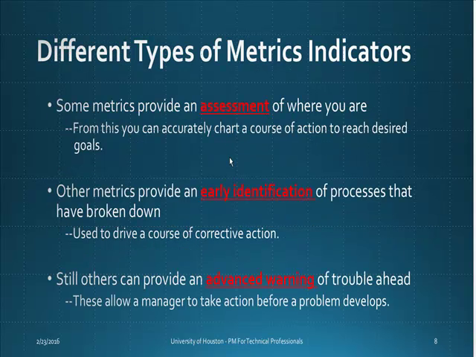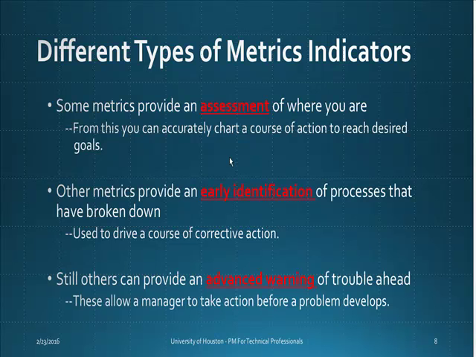Some metrics help you have a good understanding or assessment of where you are in the current state, some other metrics help you have early identification of processes that have broken down, and the third type of metrics gives you advanced warning of trouble ahead.